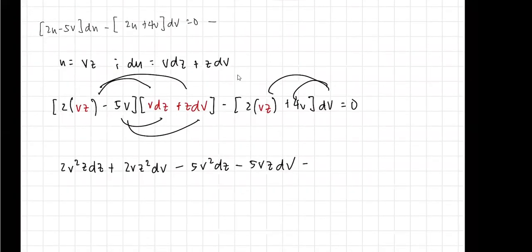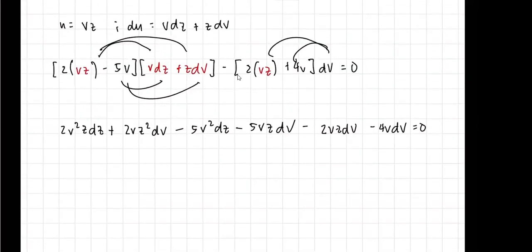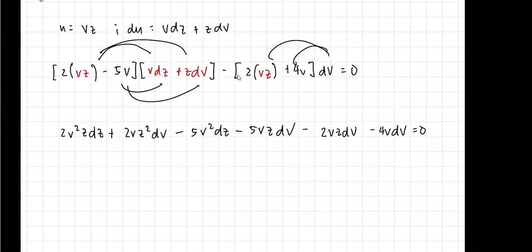Okay. So 2vz dv minus 4v dv is equals to 0. Okay? So like terms natin na pwedeng pag-minusin is itong dalawang term na ito. So pwede pa siyang pag-addin, no?